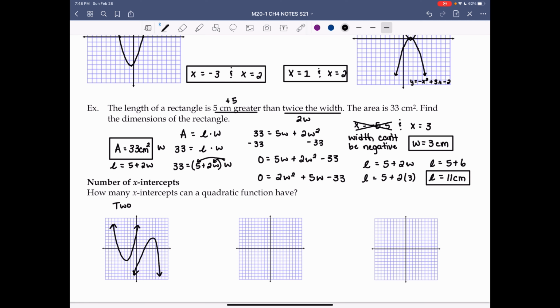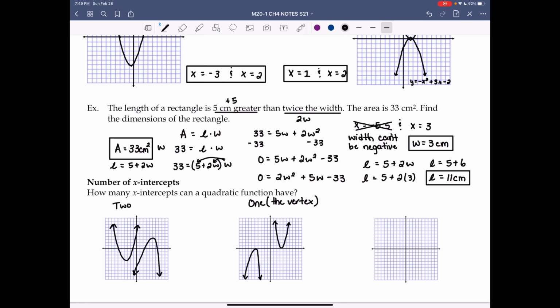We could also have 1 x-intercept, which will be the vertex. So if the parabola opens down and has 1 x-intercept, it'll look something like this. And if it opens up and has 1 x-intercept, it'll look something like this. So it meets the x-axis at the vertex and then bounces back off.